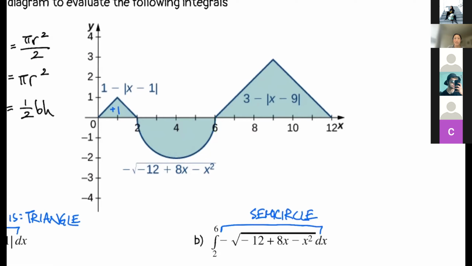I think that's a positive 1. But if that's a positive 1, and this is a positive 9, is this a positive 2 pi? That would be a question I have. How would we know that it's negative?